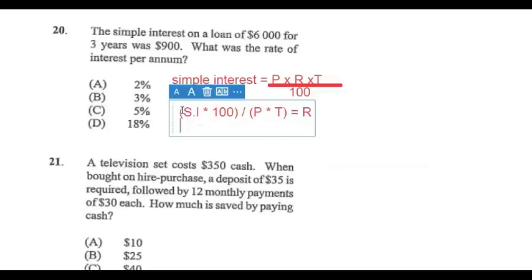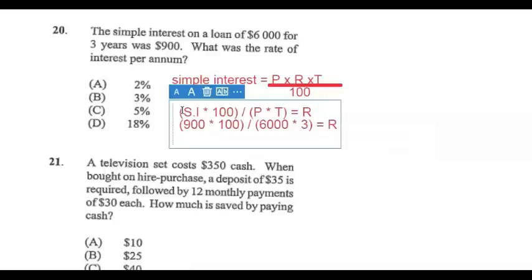So simple interest was $900 multiplied by 100, and all of that is divided by principal of $6,000 multiplied by a time of 3 years, and that is equal to rate.